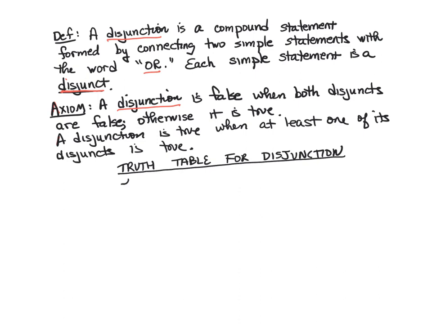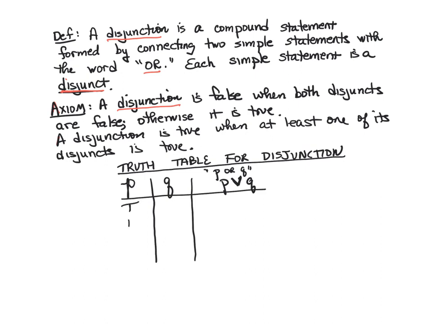And again, we have P and Q, and P or Q. We read this as P or Q, and the symbol looks like a capital V. And again, we have true, true, false, false, and then true, false, true, false.